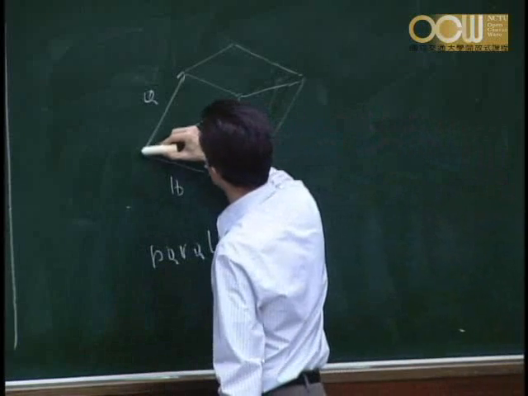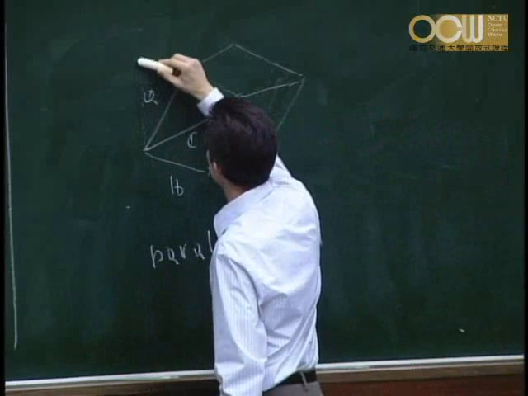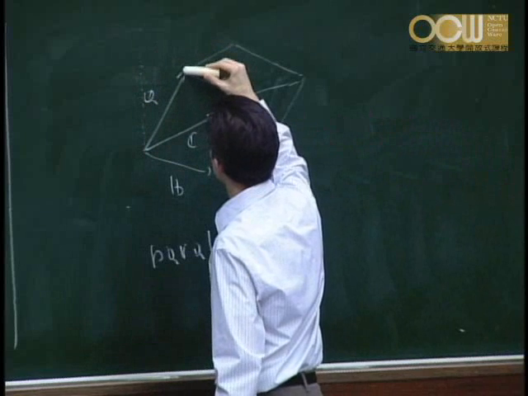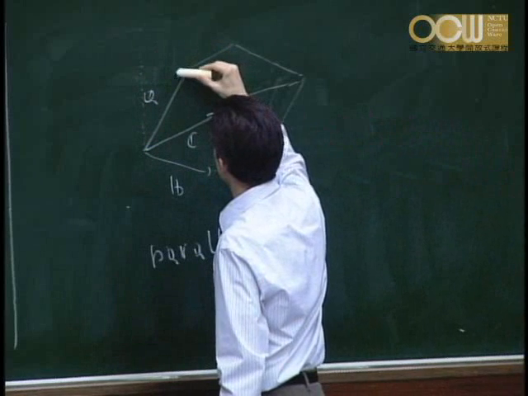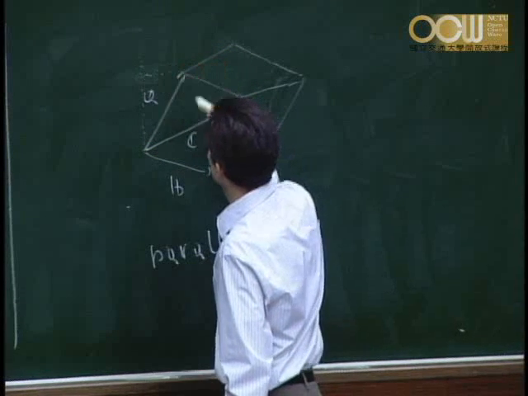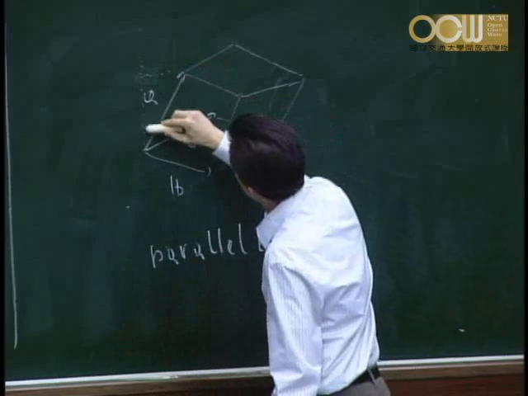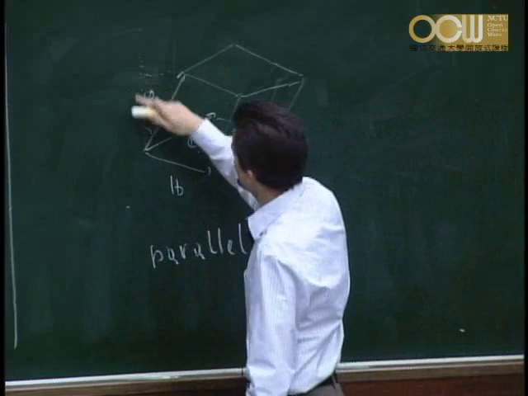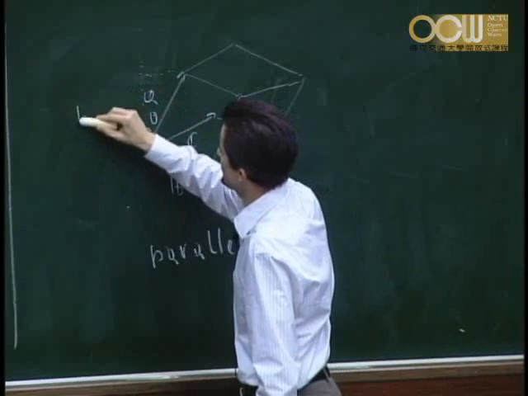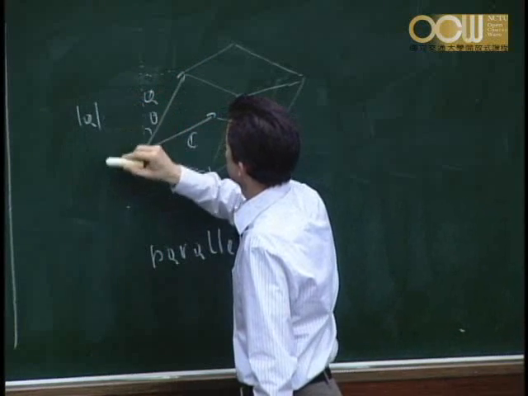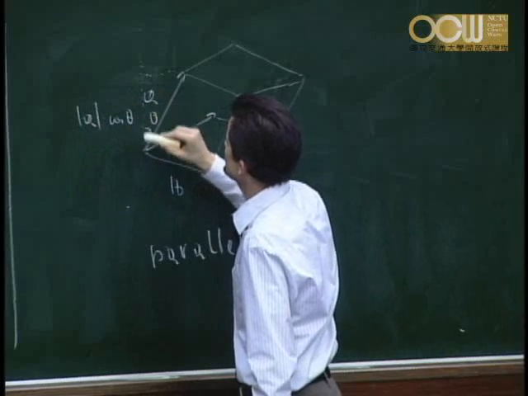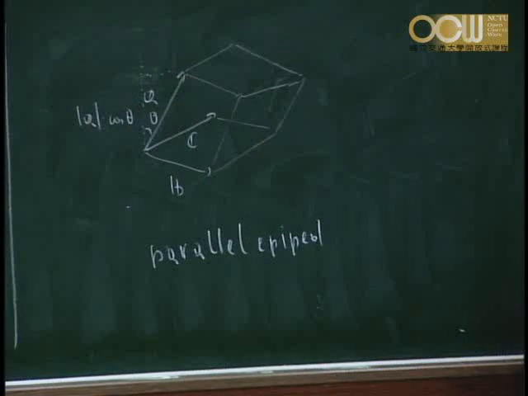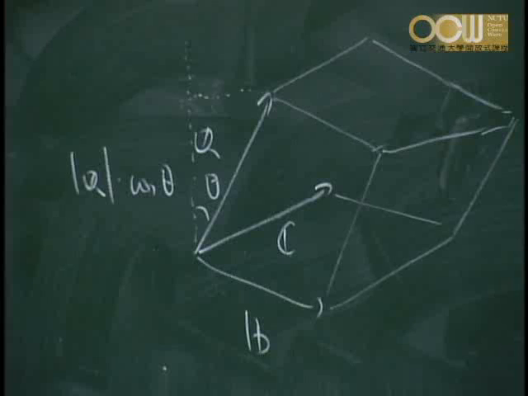So if I project A onto this line here, and if I denote this angle here by theta, then you see that the length of this line is the length of A times the cosine of theta, but this here is the height of the parallelepiped. So if you want to compute the volume of this parallelepiped, what do you do?